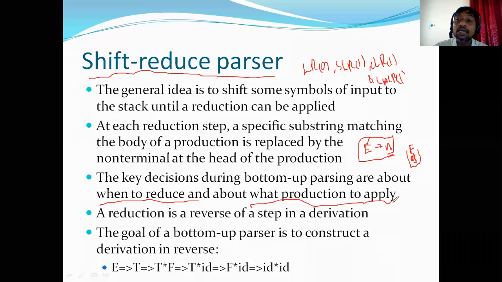Suppose a particular non-terminal has more than one production rule. Then we don't know whether to apply the first rule or the second rule. That also we need to decide; the parser has to decide at this particular instant which production rule to reduce with.